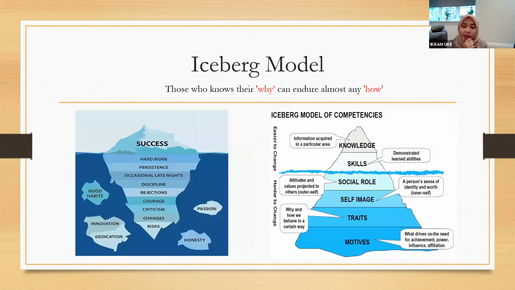And I just want to share about the Iceberg model.